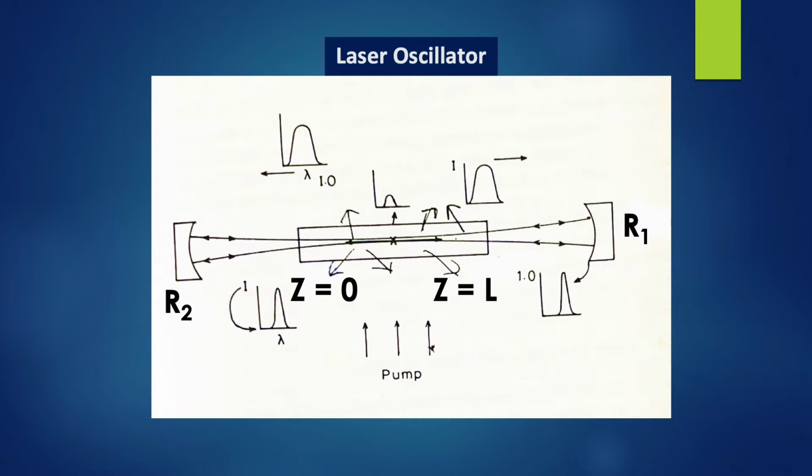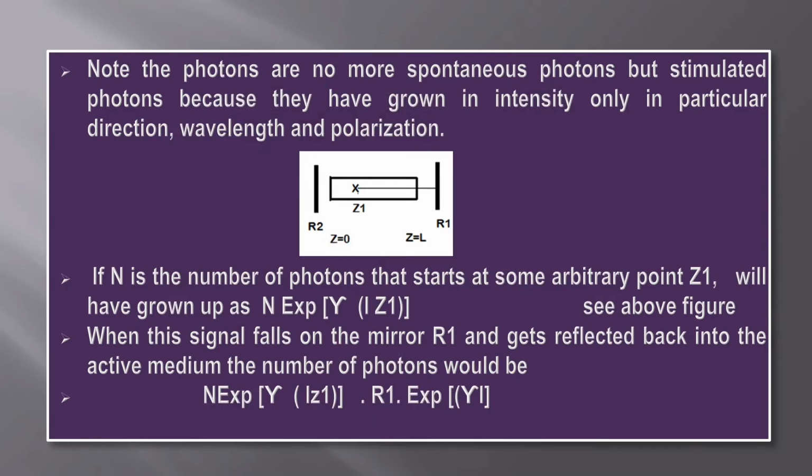If n is the number of photons that start at some arbitrary point z1, it would have grown to n exponential gamma L z1. That is how the intensity grows. Then it falls on the mirror R1 and gets reflected. R1 represents the reflection coefficient of the mirror.